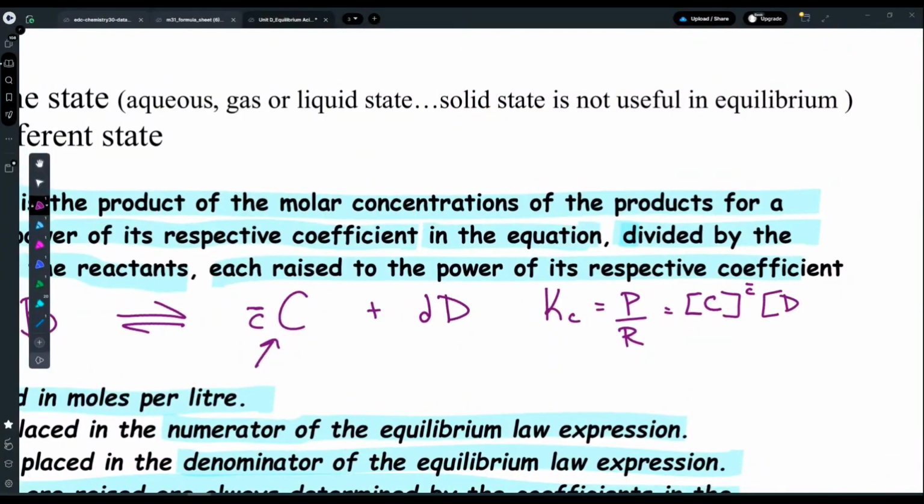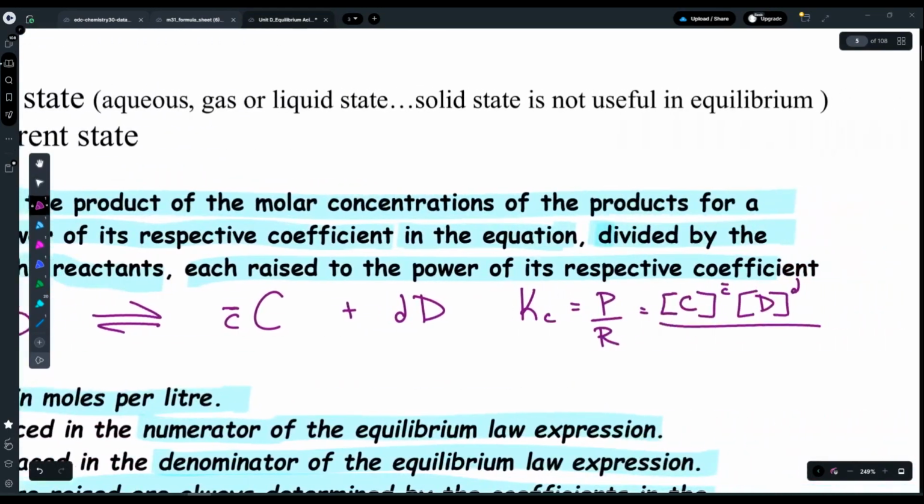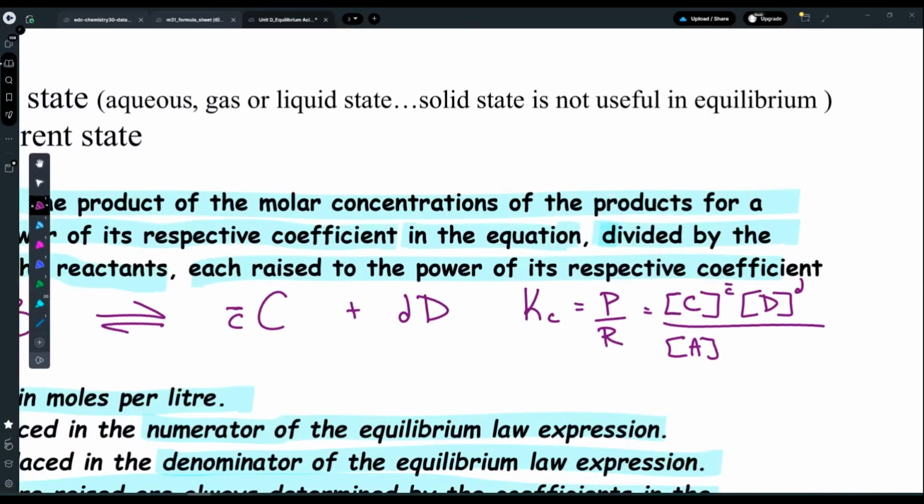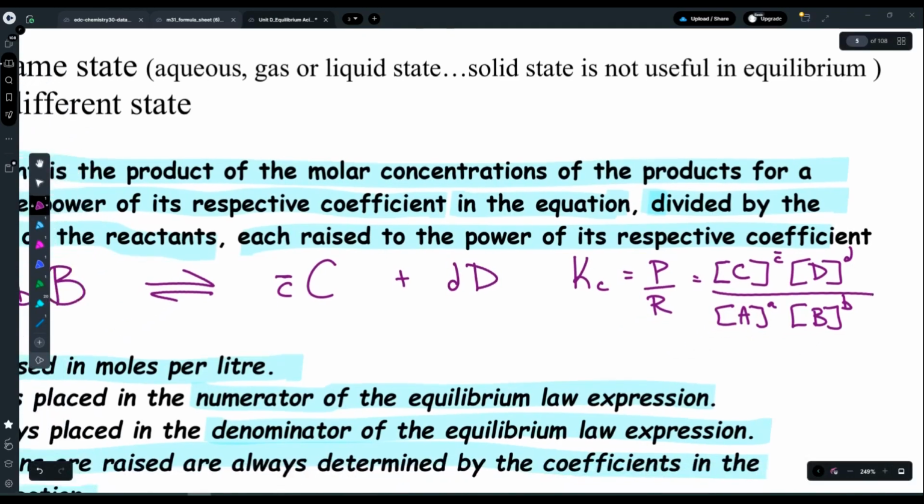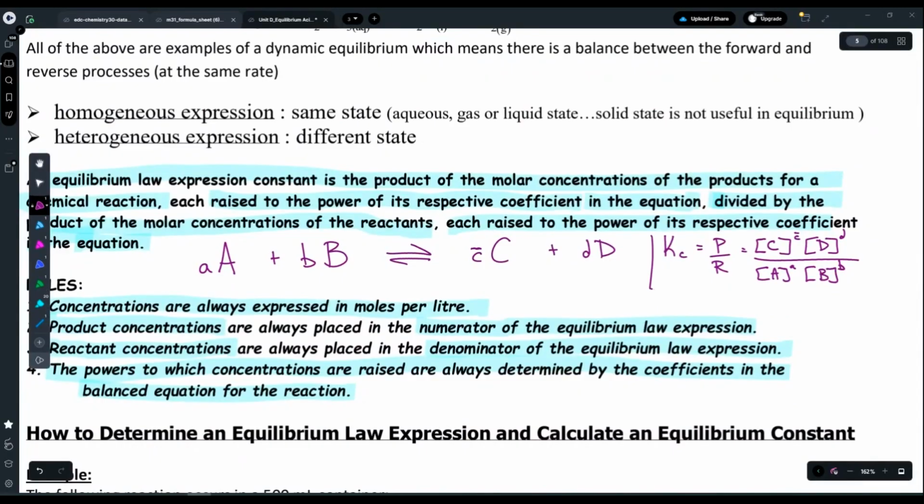Then we multiply it by the concentration of substance D raised to the power of coefficient d. Then for the reactants, that would be substance A raised to coefficient a times the concentration of substance B raised to coefficient b. So that is a template that you can use to write equilibrium law expressions.